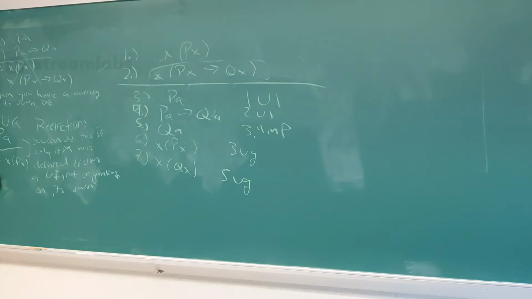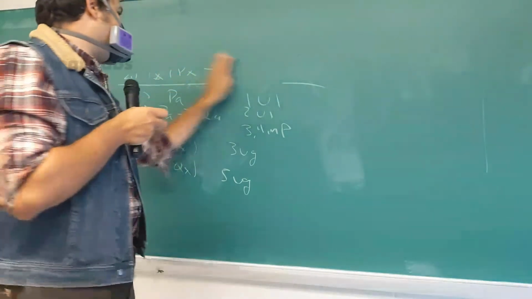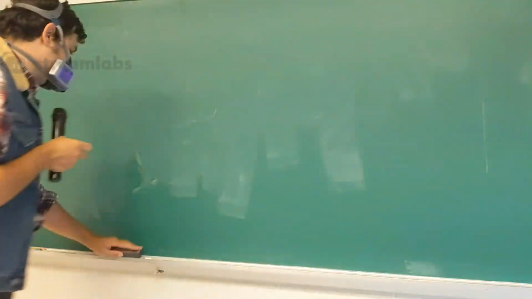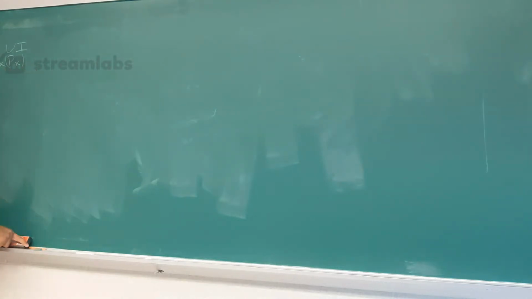That's why I was saying this is more complicated than anything else that we've done so far. Okay. So let me just show you real quick. I'm going to put the restriction again on the board. So here's universal instantiation. Well, let me say it though. Universal generalization.